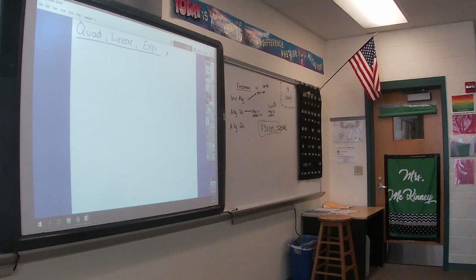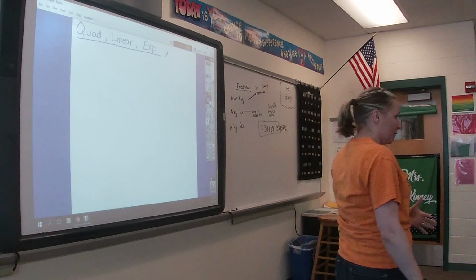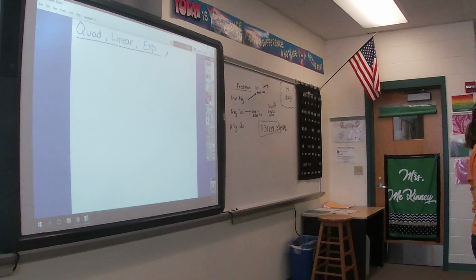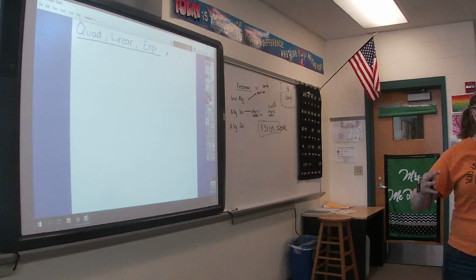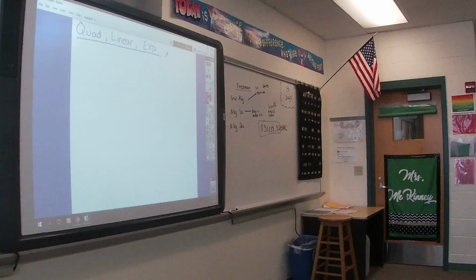There is one big chunk of sorting that we haven't looked at yet: how do we decide if something is linear, quadratic, or exponential if we are given the table? We know how to take a quadratic or linear function and create a table. But how do we know that the table being given to us is quadratic, linear, or exponential?